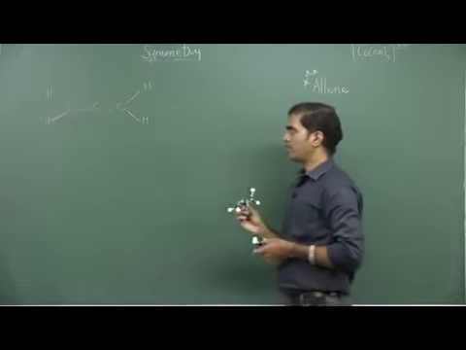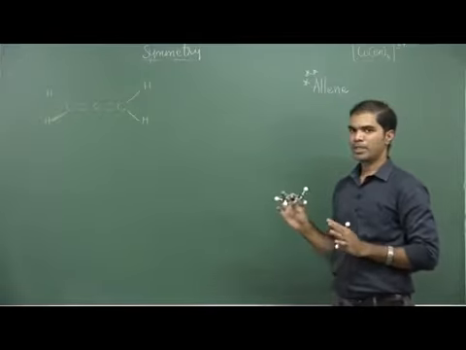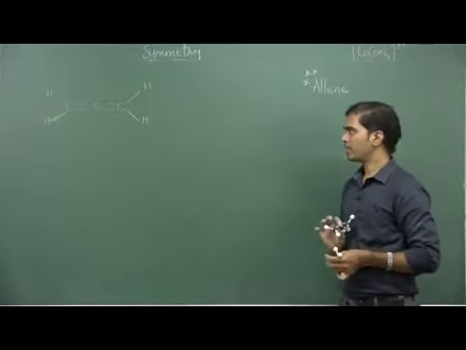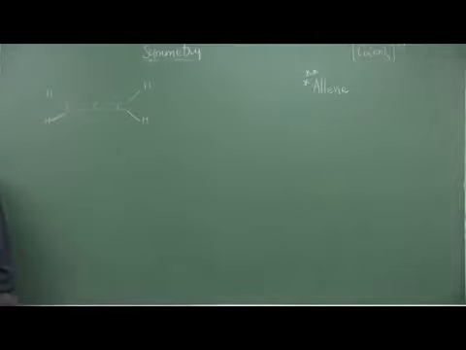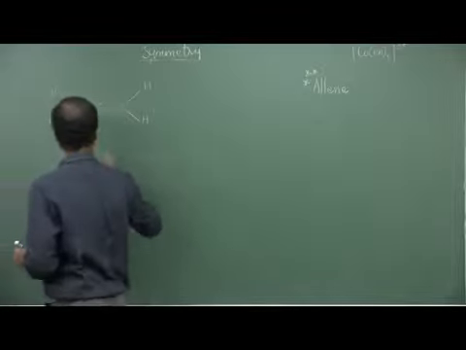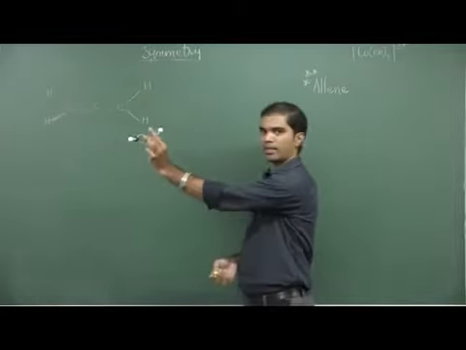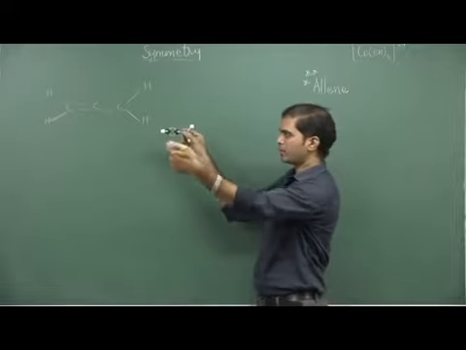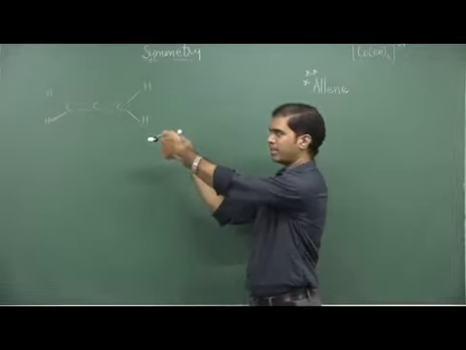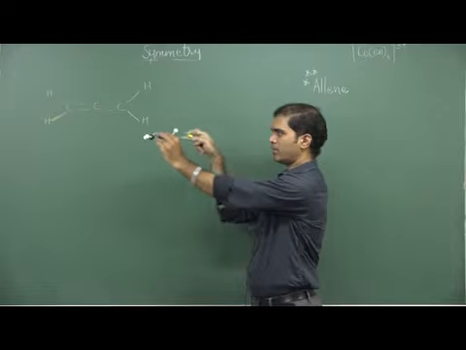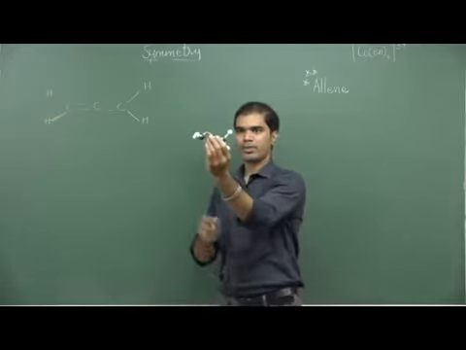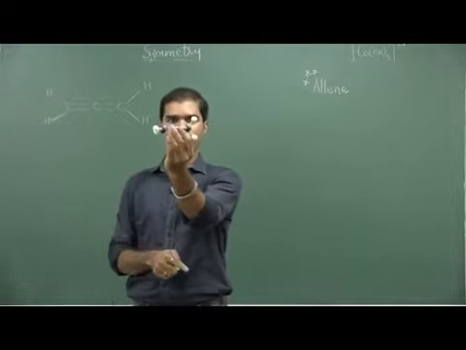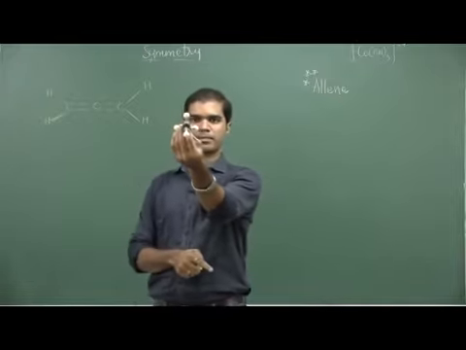When we draw allene in this manner, it becomes a little bit difficult to show the rotational axis. Instead, let me put one more diagram. If this same allene as I am holding it, now instead of looking from this end, let me look from this end. So from your point of view, you are not watching the molecule in this way, you are trying to watch the molecule in this way.